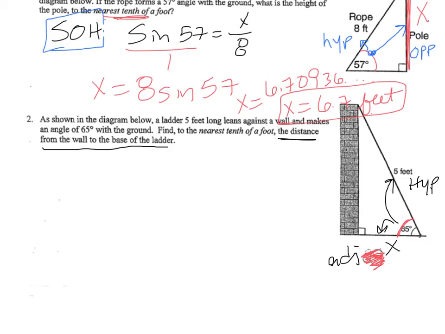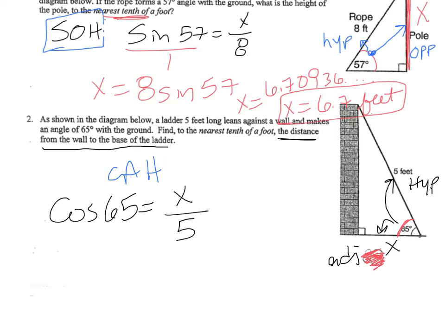So which trig function out of SOHCAHTOA deals with the adjacent and the hypotenuse? Tangent is opposite over adjacent, so that's no good. Sine is opposite over hypotenuse, so that's no good. I'm going to use the cosine. So it's cosine of 65 equals the adjacent, which in this case is x, over the hypotenuse, which is 5.